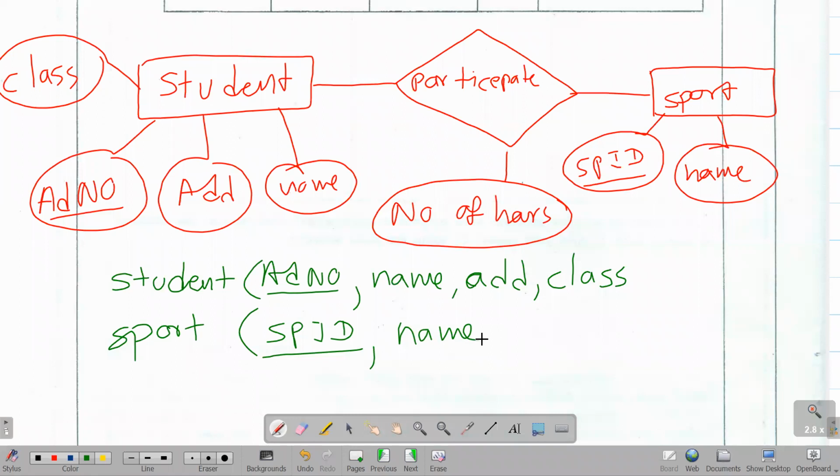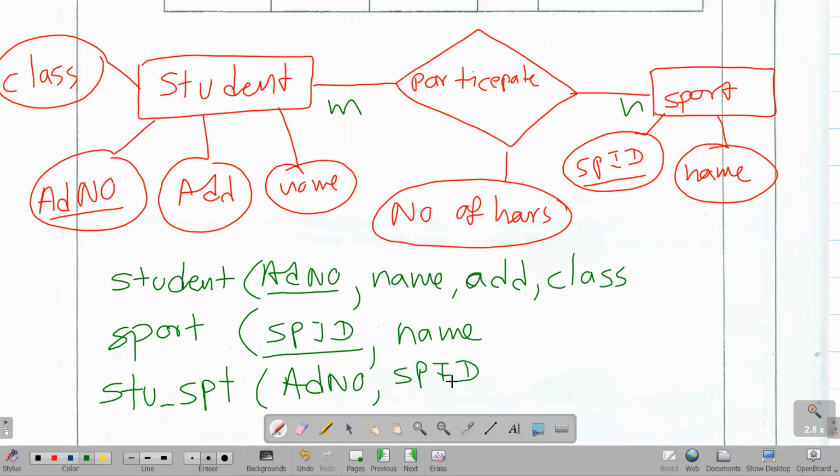And since this is a many-to-many relationship, we are considering a new table. We can give any name for that. I give STU, SPT. And we must take the primary keys of the participating entities, and both together will give you a primary key, plus any descriptive attribute will go with this.